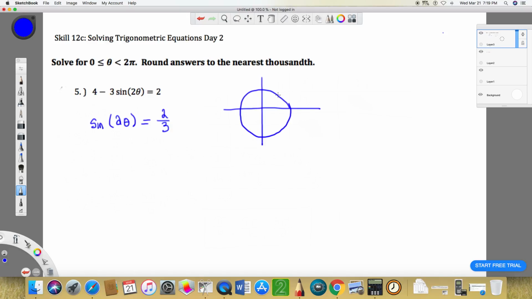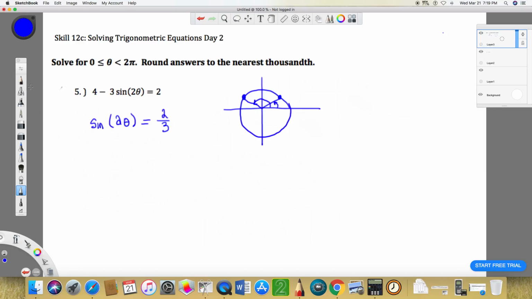So 2/3 is going to be some point here in quadrant 1 and some point here in quadrant 2, where this angle is the angle of interest, and then this angle is also an angle of interest, because any angles that are coterminal to those two angles will also satisfy this equation.